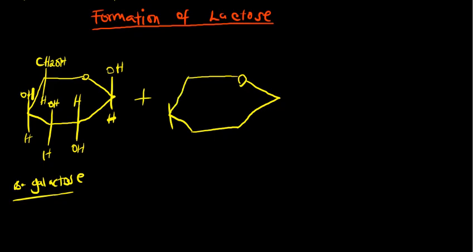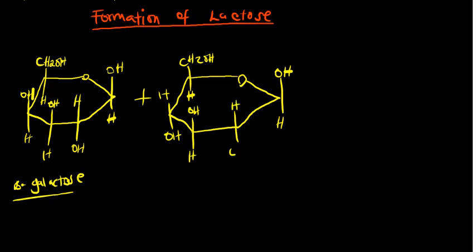So we said it's open here, you can use alpha or beta glucose. So let's try to use the beta glucose as well. So we have OH here, then we have H here, we have CH2OH here, so we have H here, we have OH here, we have OH here, we have H here, we have another H here, then we have an OH. So this is the structure of beta glucose.